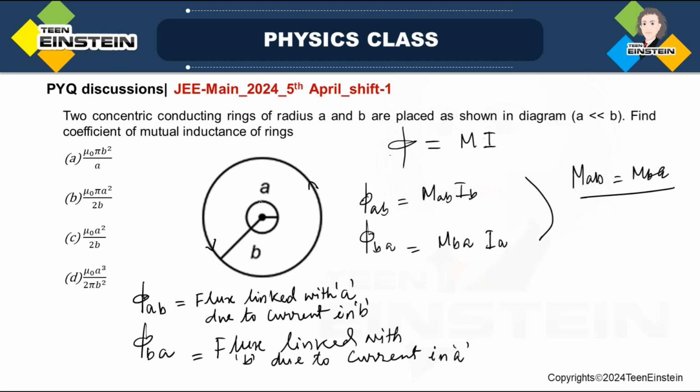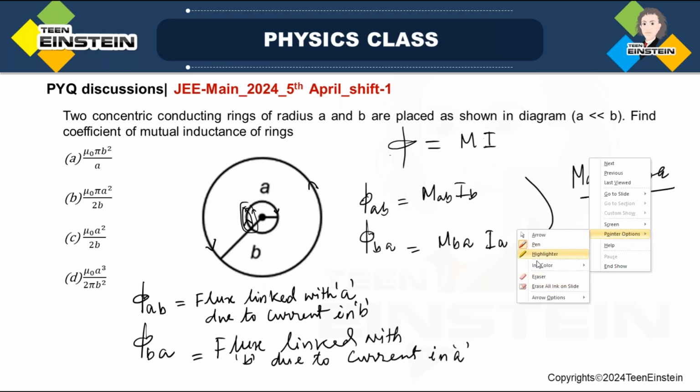Which flux should I calculate? Do I find out the magnetic field due to this one? That I can do, but look, if I draw the magnetic field lines over here, they look like this. This is a very nice question actually.